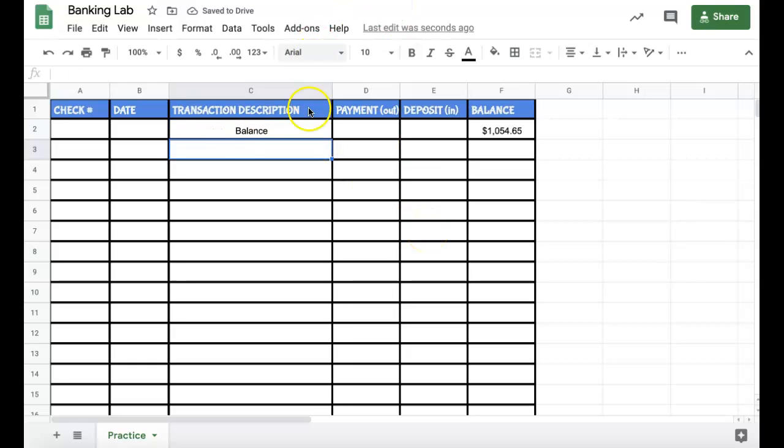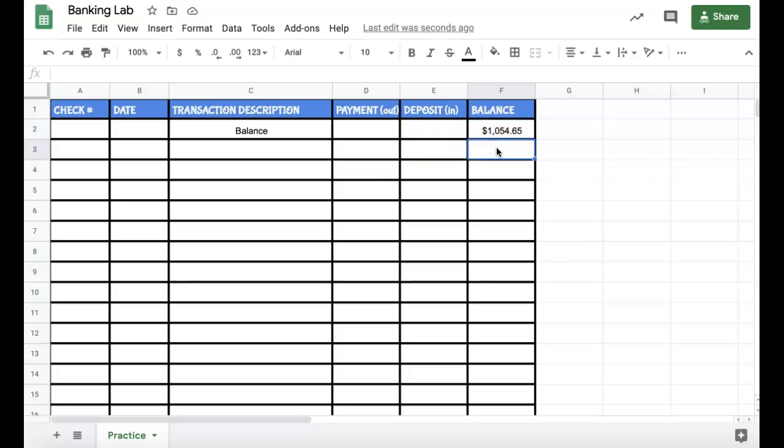Now, the next time, let's say in row 3, the next transaction is either going to be me taking money out of my bank account or me putting money into my bank account. But it starts with this $1054.65.